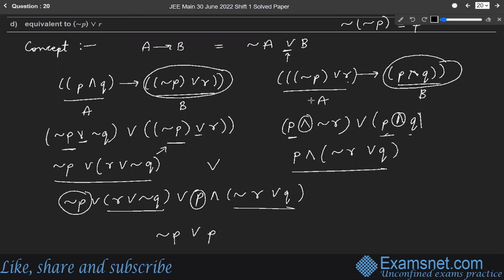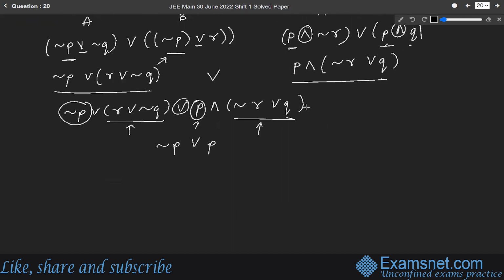All right. If we do not focus on this part, then actually this statement is in the form of negation of P or P. And negation of P or P represents a tautology. What is a tautology? In simple words, a tautology is a statement in which the result is always true. Here you can see that the condition is negation of P or P, and this is a condition which is always true.